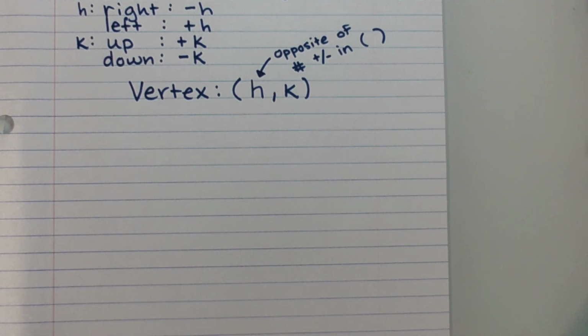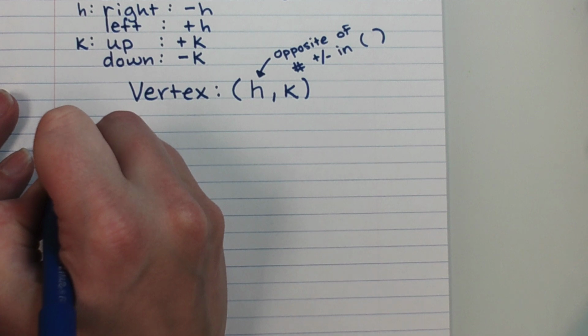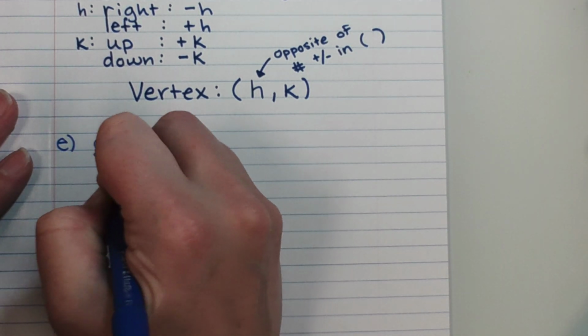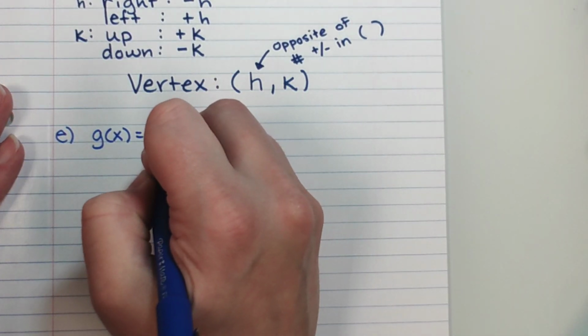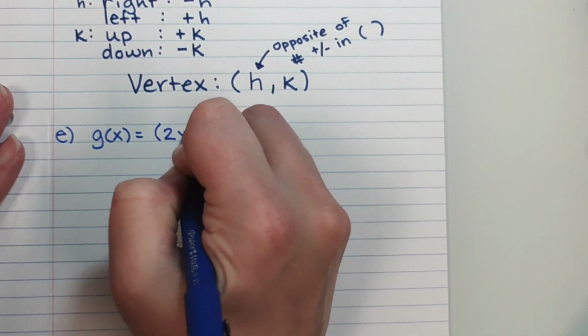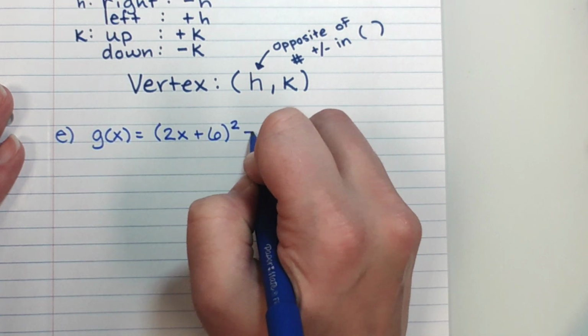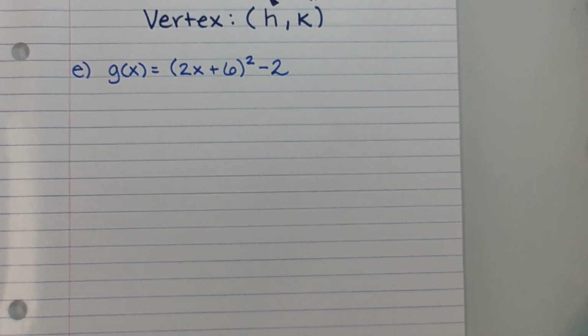The one thing that messes with that, though, which is why I wanted to do one final example. A, B, C, D, we're on E. The one thing that messes with that, though, is still a B value.